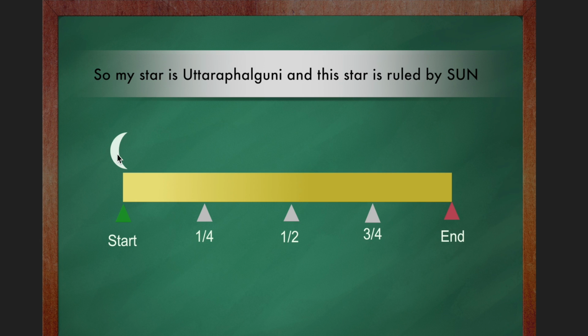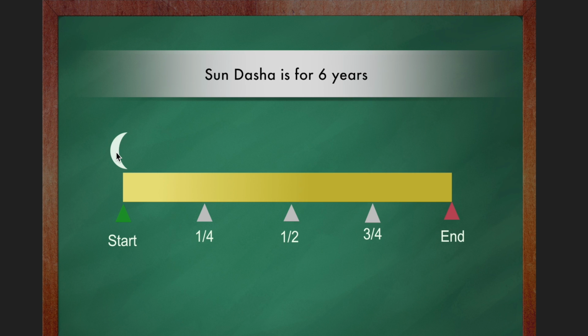Now, how do you use this information to generate the Dasha balance at birth? Uttara Falguni, which is the 12th nakshatra, belongs to the sun, and the sun has 6 years allotted to it in the Dasha period. The sun has 6, the moon has 10. Don't worry about this, because I am going to show you an Excel sheet which contains all this.